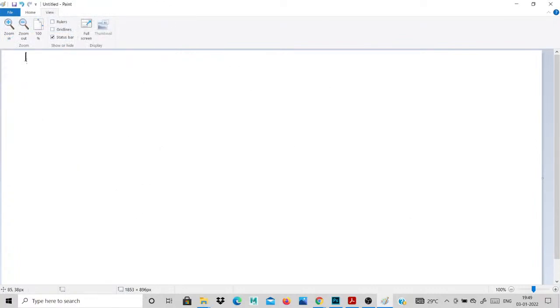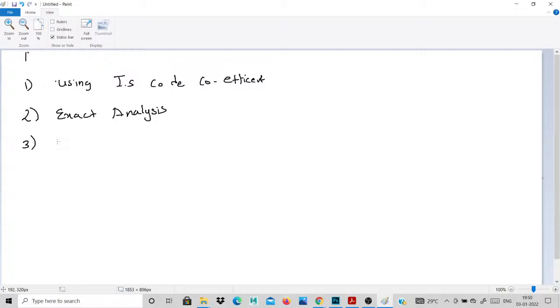One is the IS code coefficient method. This is the first method. The second method is the exact analysis method. Then the third method is the approximate method.